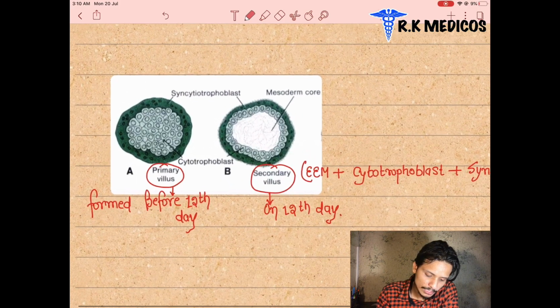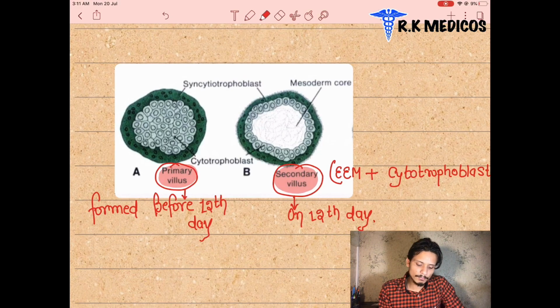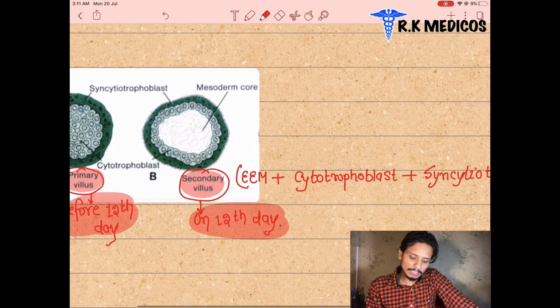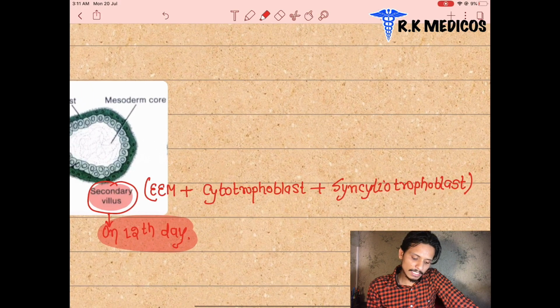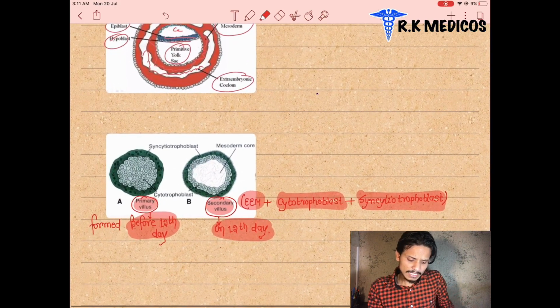Next there are two villi, primary and secondary villus. Do you know primary and secondary villus? The primary chorionic villi is formed before 12 days, and the secondary chorionic villi is formed on the 12th day, formed by three different parts: extra embryonic mesoderm, cytotrophoblast and syncytiotrophoblast.